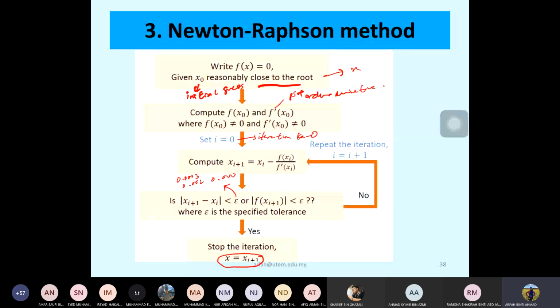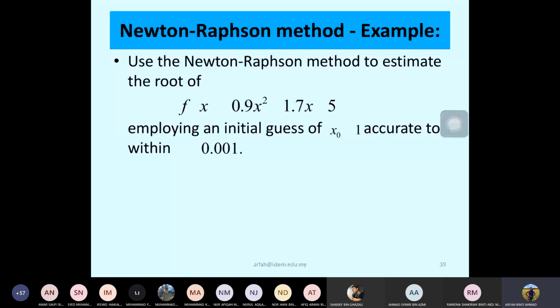Okay, clear? Before we proceed with the example, is it clear so far? Yeah. Clear. Okay. So contohnya kita ada this example. Use the Newton-Raphson method to estimate the root for f x sama dengan 0.9 x kuasa 2 tambah 1.7x tolak 5.